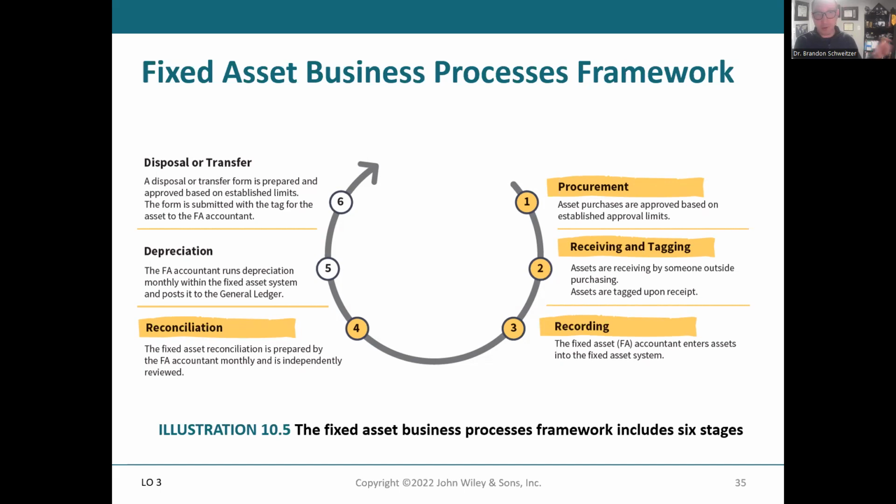So that would be your recording cost of the asset. And then the last step is, once at the end of its useful life, disposal or transfer.